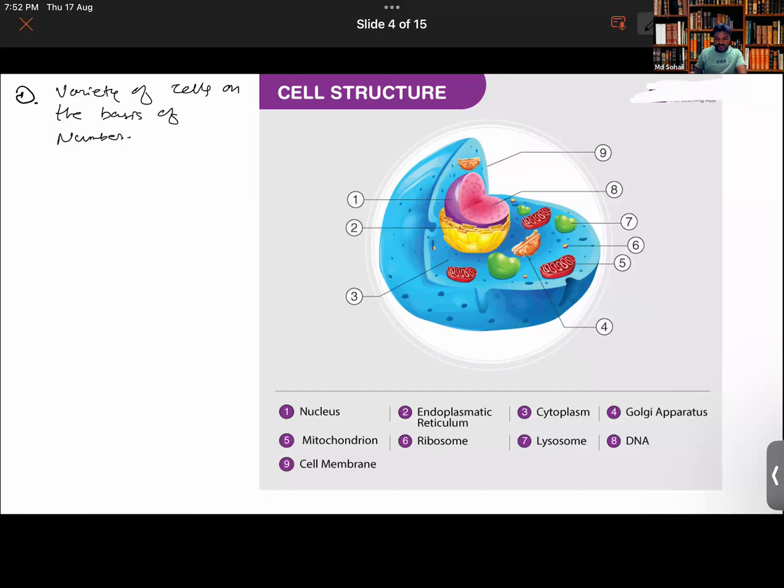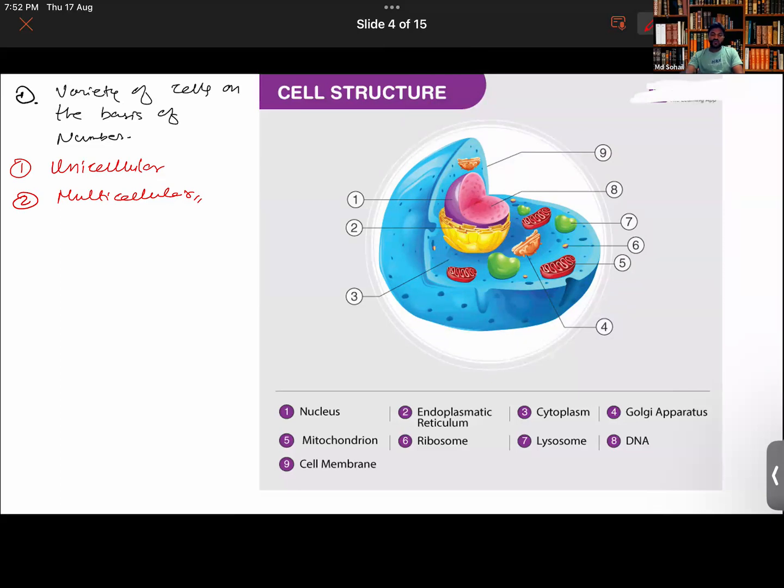On this basis, you have two classifications. One is unicellular, and another is multicellular. So here we are classifying organisms as unicellular and multicellular, right?